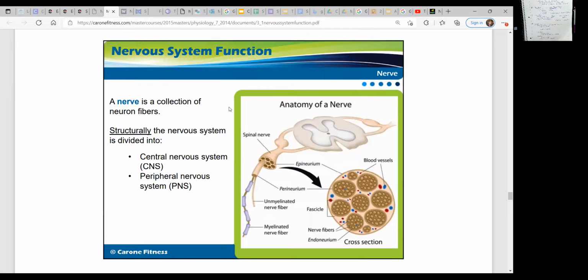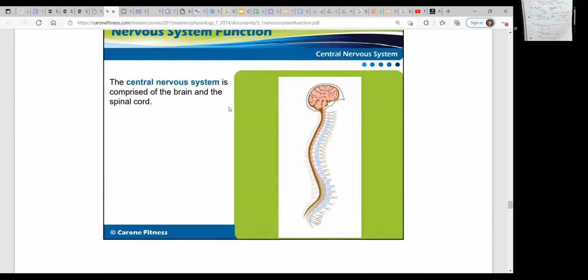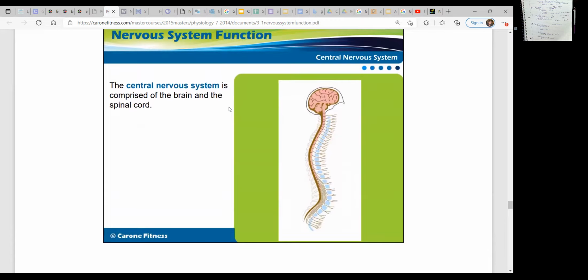And the entire system is separated into the central nervous system, sometimes called the CNS, or the peripheral nervous system, the PNS. And the central nervous system is central to your body. It's made of the brain and your spinal cord.